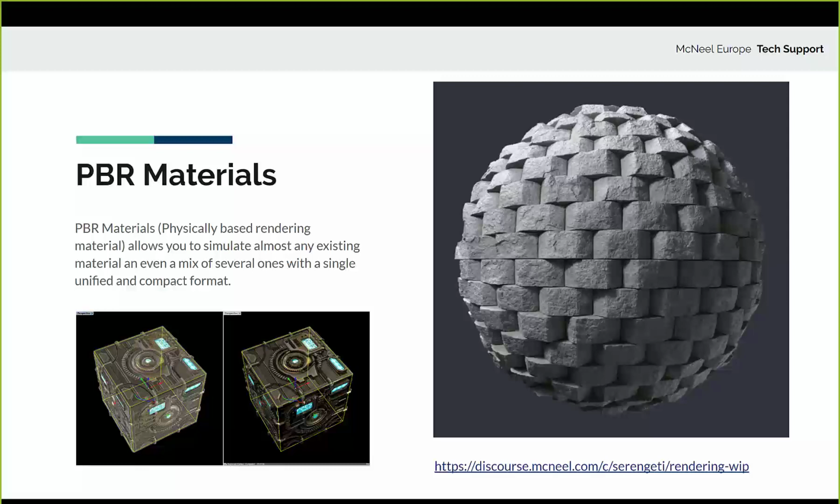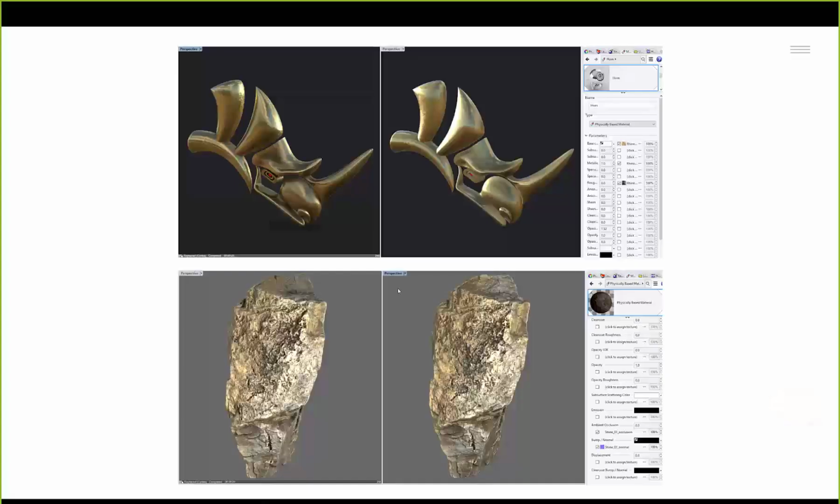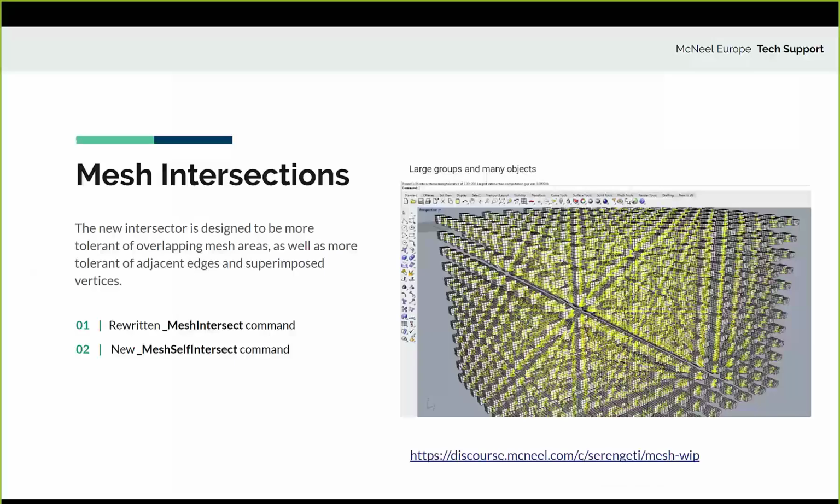What you see are some examples of these materials that will be included in the material library of Rhino 7, and right now it's in the Rhino work in progress. Here are some examples using Cycles and the PBR materials.